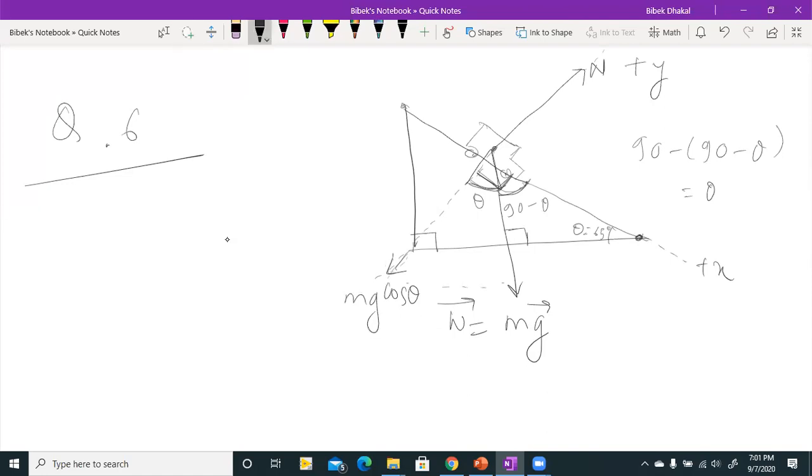So you have mg cosine theta coming here, and the other component of the weight force, towards this side, is mg sine theta. So now we have resolved the weight.